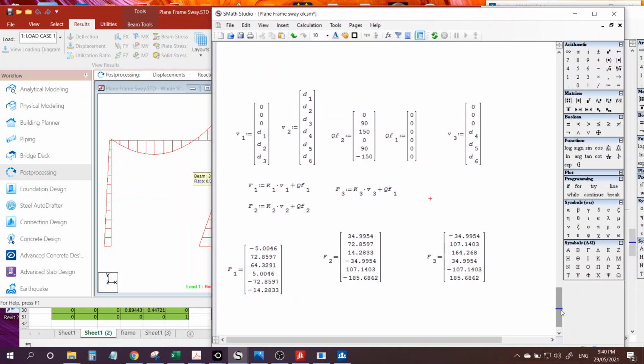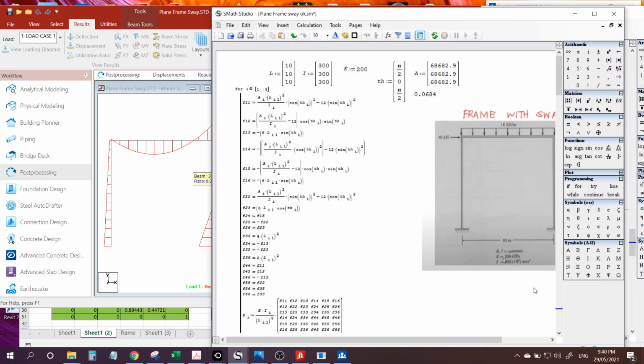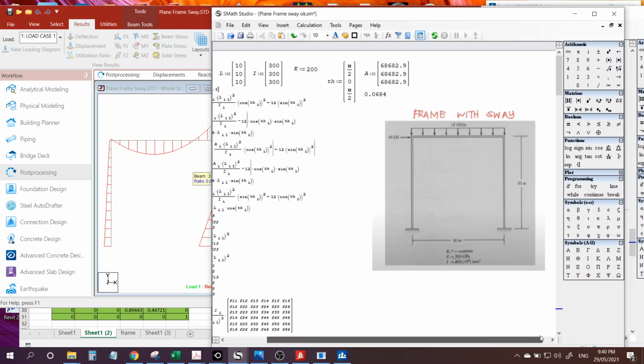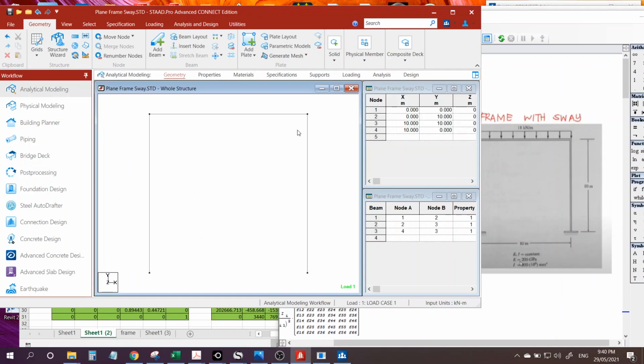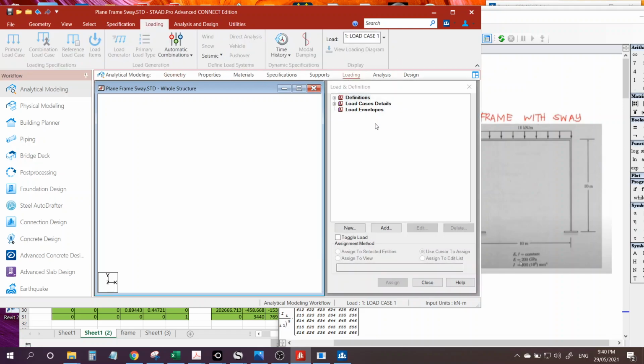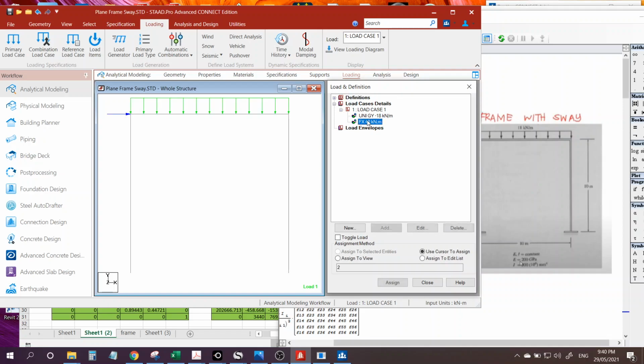So you can use this SMAT code to analyze a frame, non-sway or with sway. Let's try to edit the model. Since this is a non-sway frame, I'll remove the 40 kilonewton.